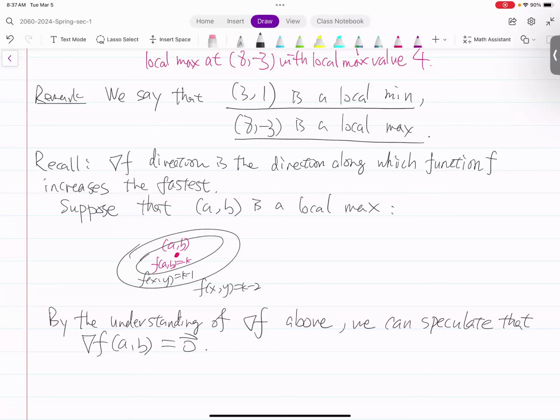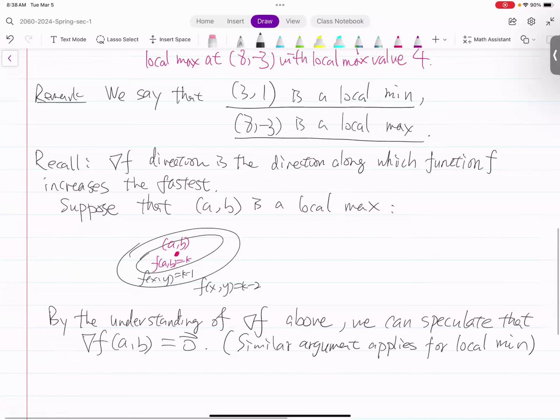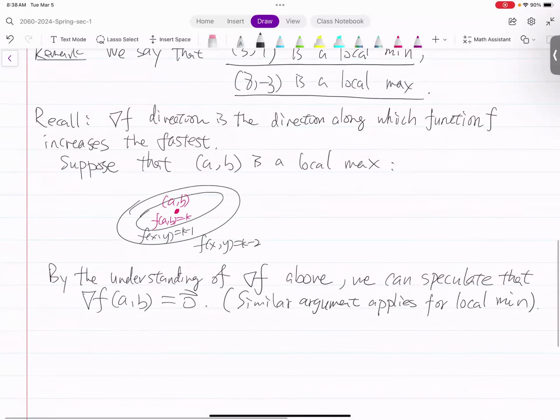That cannot really happen for a local minimum. So a similar argument works for the local minimum. Basically, it tells you that at these local extreme points, the gradient has to be very special.